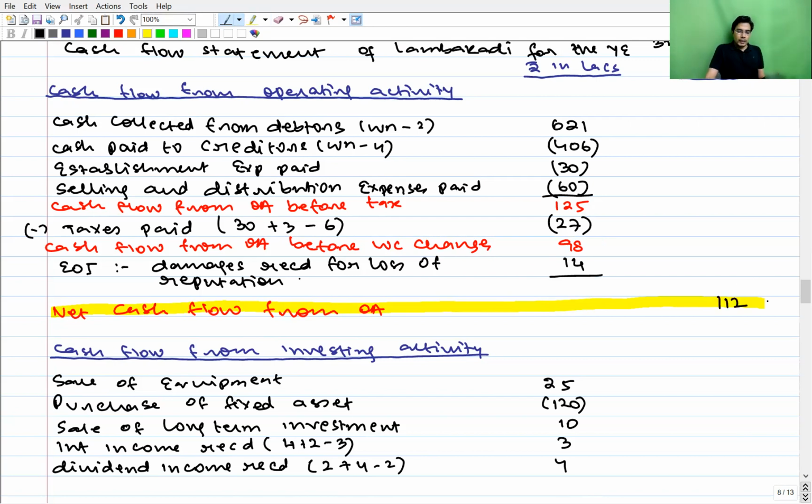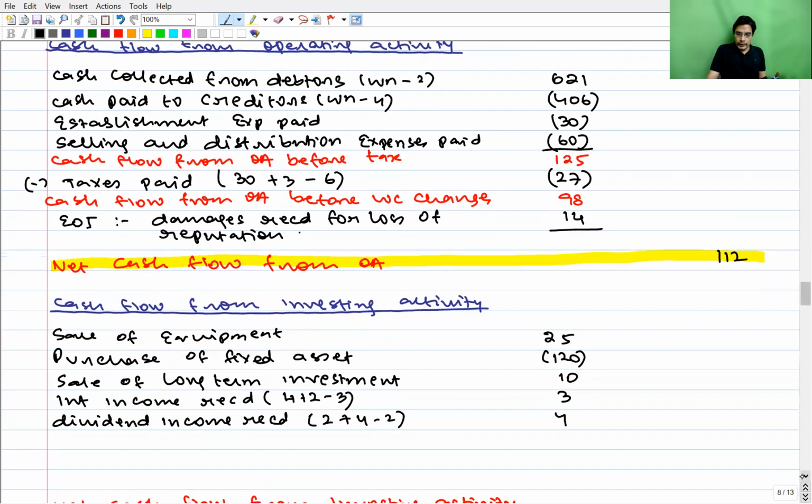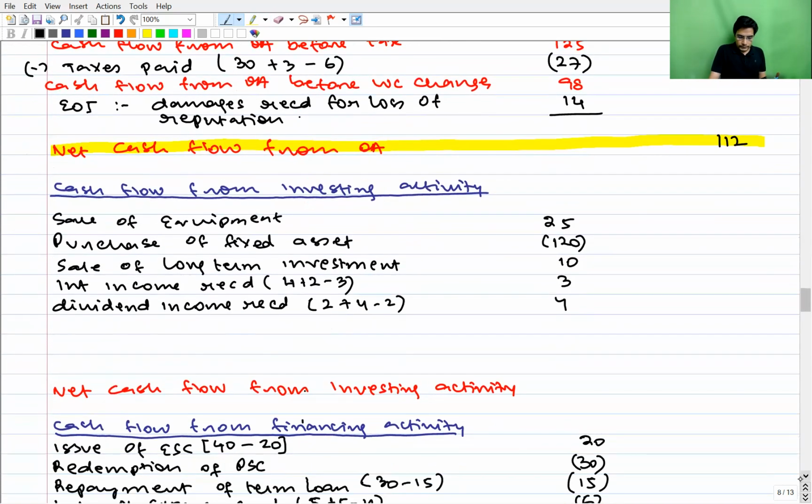Now we have cash flow from investing activity. So let us compute it: 25 minus 120 plus 10 plus 3 plus 4. It's coming to negative 78.